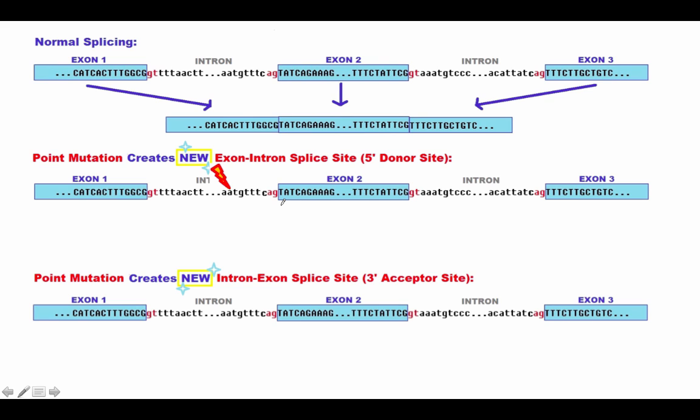So on the animation sequence here, first we see that the point mutation results in the creation of a new exon intron splice site or 5' donor site. Right here, the lightning bolt represents the mutation. We go from adenine to guanine, and ta-da, we made a brand new 5' donor site, or a new exon intron splice site.